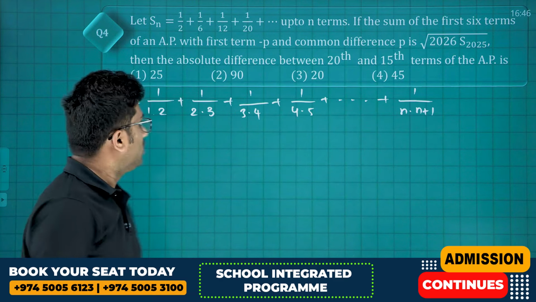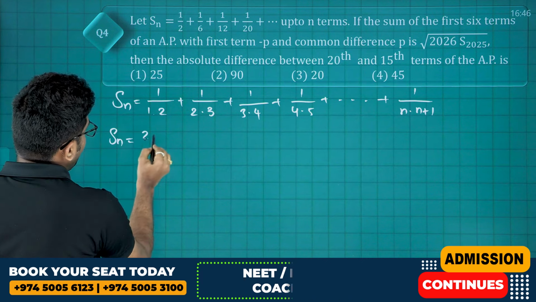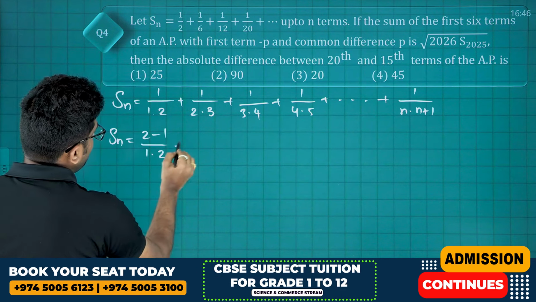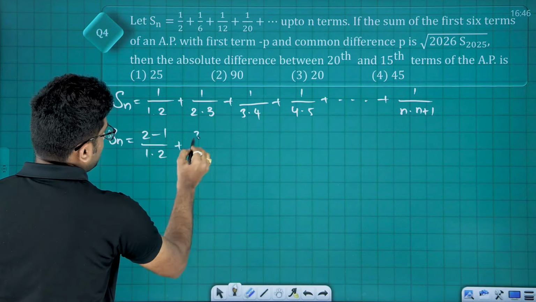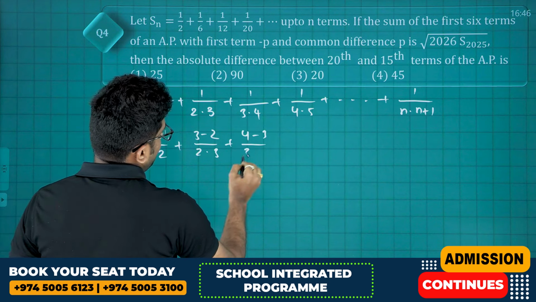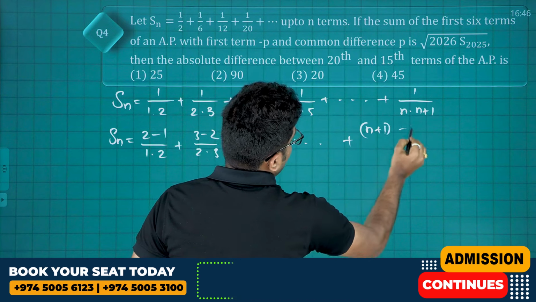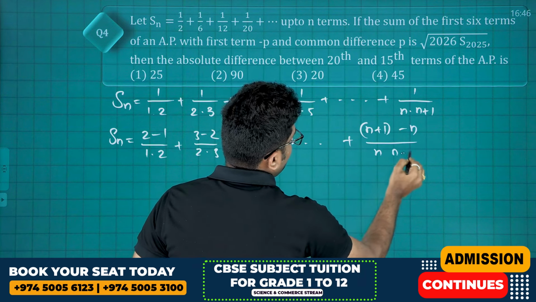Clear now? So clearly, now Sn is equal to, we can write this as 2 minus 1 by 1 into 2, plus 3 minus 2 by 2 into 3, plus 4 minus 3 by 3 into 4, and so on, up to n plus 1 minus n divided by n into n plus 1.